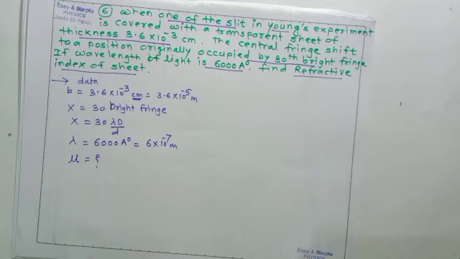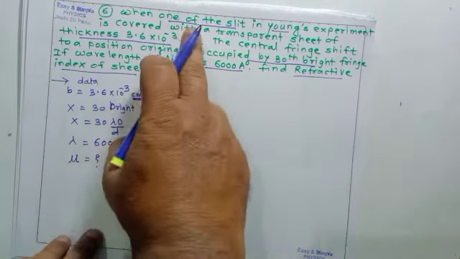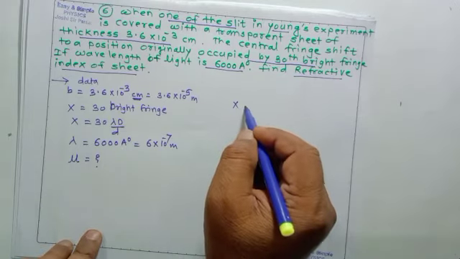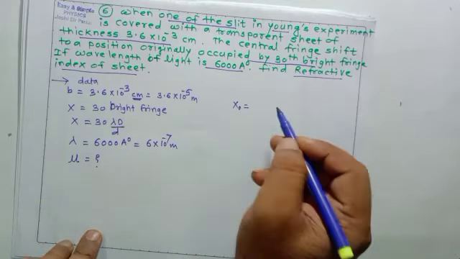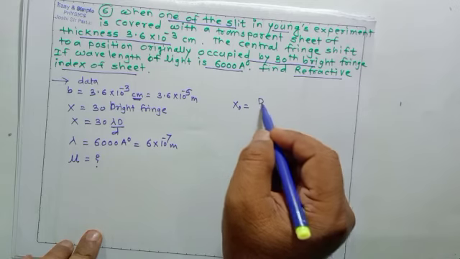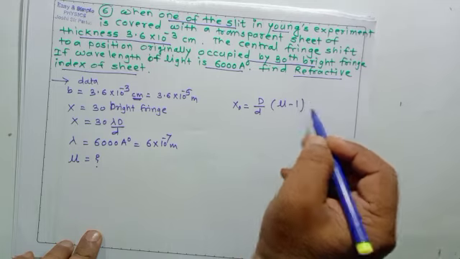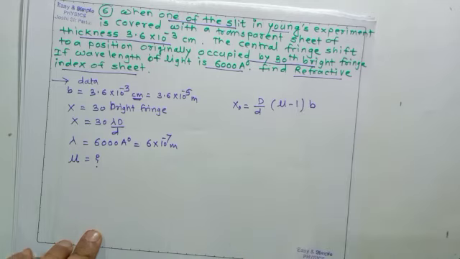For one of the slits in Young's experiment, the fringe shift x0 is equal to capital D upon small d, in bracket, mu minus 1, into B, where B is the thickness.